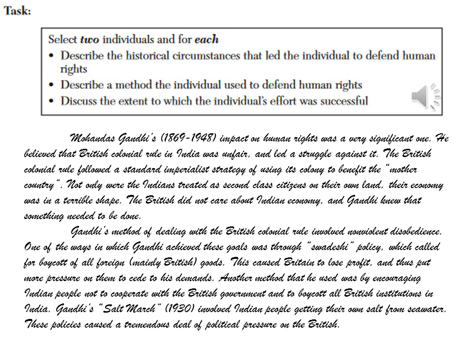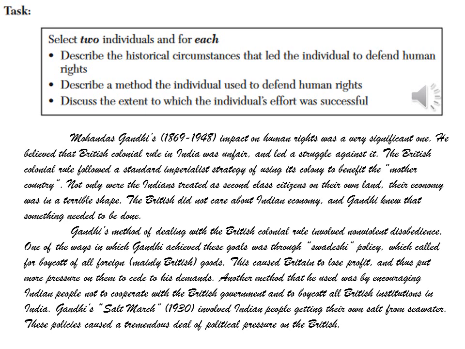Gandhi's method of dealing with the British colonial rule involved nonviolent disobedience. One of the ways in which Gandhi achieved these goals was through the Swadeshi policy, which called for a boycott of all foreign, mainly British, goods. This caused Britain to lose profit and thus put more pressure on them to cede to his demands.